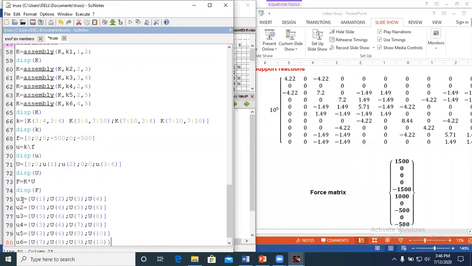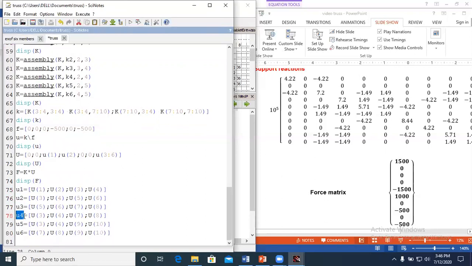Now for element 1, U1 is equal to U1, U2, U3, U4. U2 is equal to U3, U4, U5, U6. These are displacement matrices for elements 1, 2, 3, 4, 5 and 6. I will show you how it is written. U1 equals the displacement of node 1 in x direction, node 1 in y direction, node 2 in x direction, node 2 in y direction.